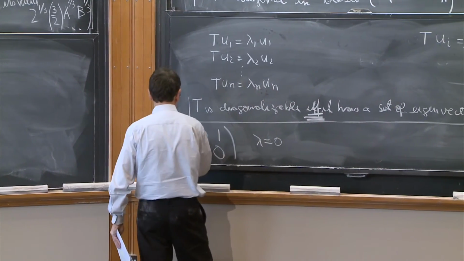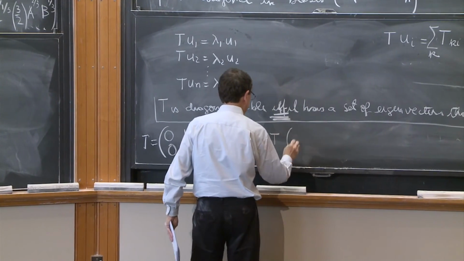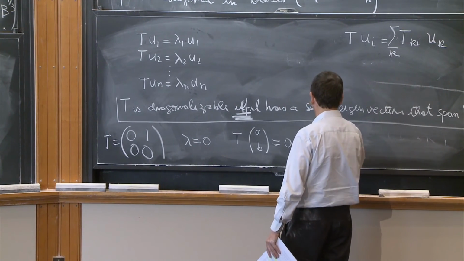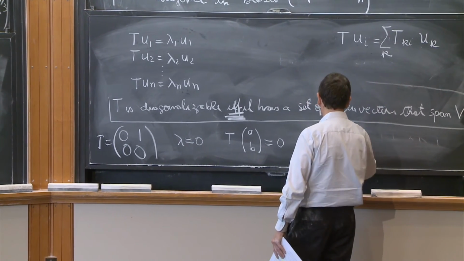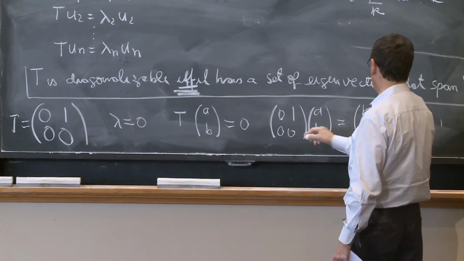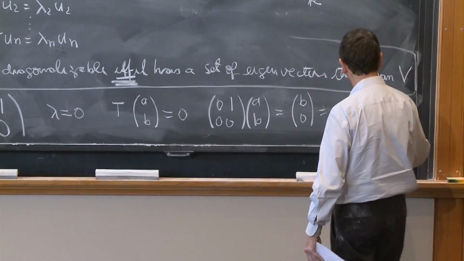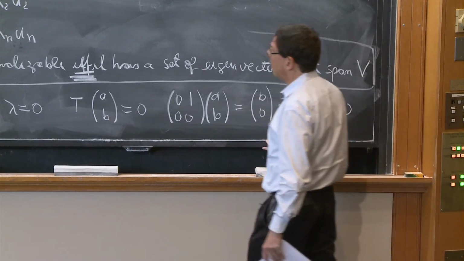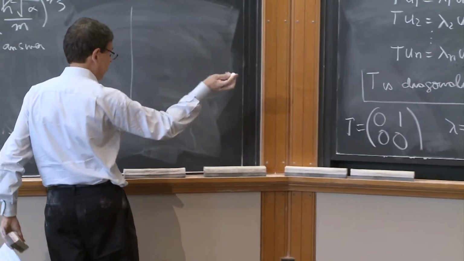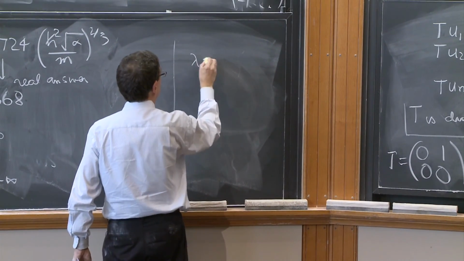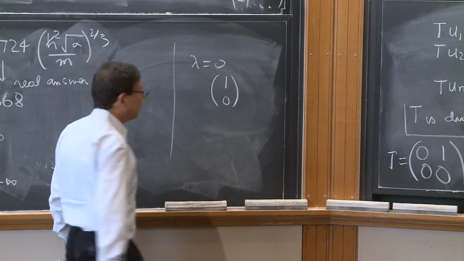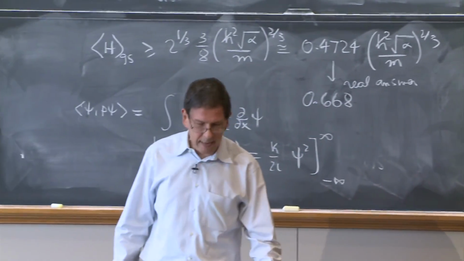Well, if this is T on some vector (a, b), it must be equal to 0. So this is 0, 1, 0, 0 on (a, b), which gives b and 0, which must be 0. So b is equal to 0. So the only eigenvector for lambda equals 0 is with b equals 0. So it's (1, 0). One eigenvector only, no more eigenvectors.